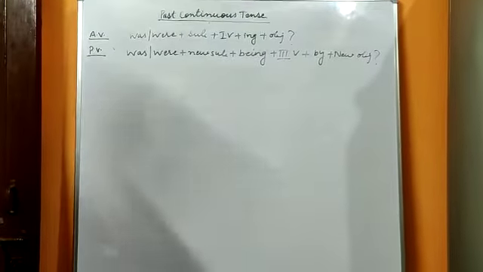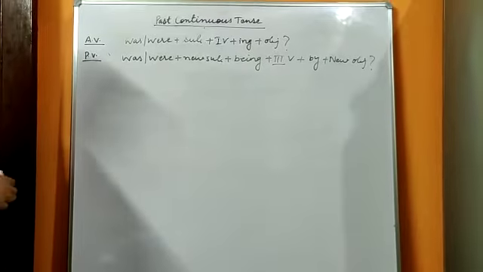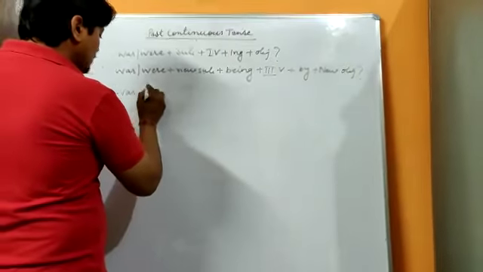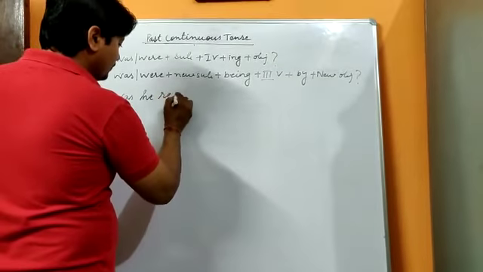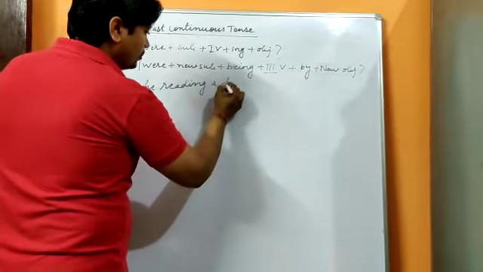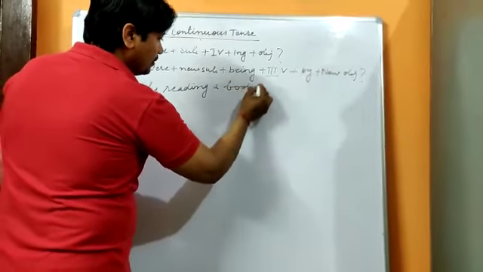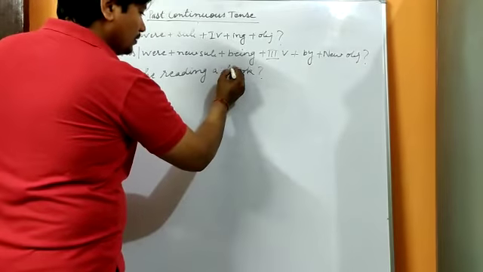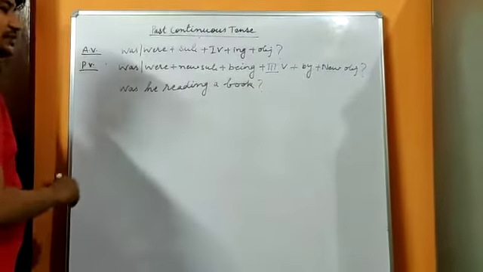Right? As the sentence was he was reading a book, make it interrogative. Was he reading a book? Now here change it into passive.